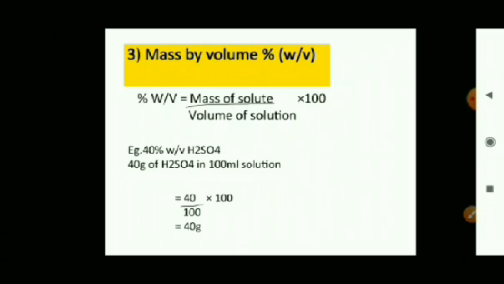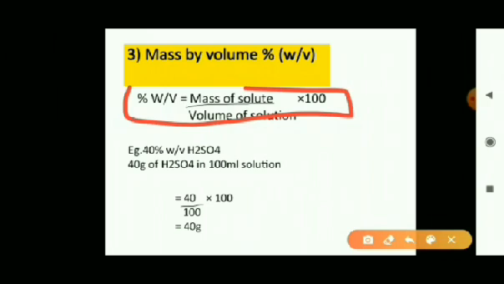And then the formation of solution takes place. So how do we calculate mass by volume percentage? By using this formula: percentage weight by volume is equal to mass of solute divided by volume of solution, into 100.